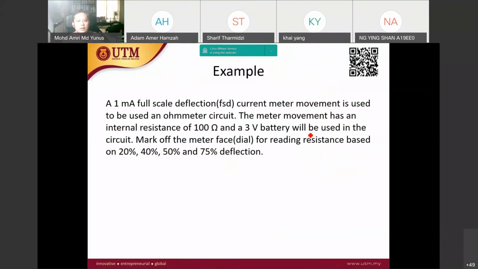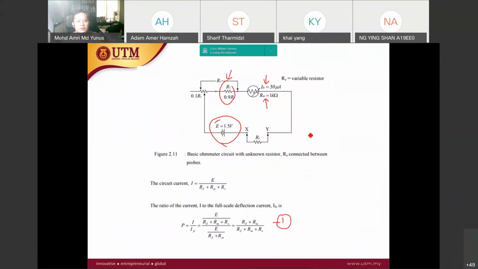You remember the ratio here. You can use this formula, but we just need to find the Rx value.